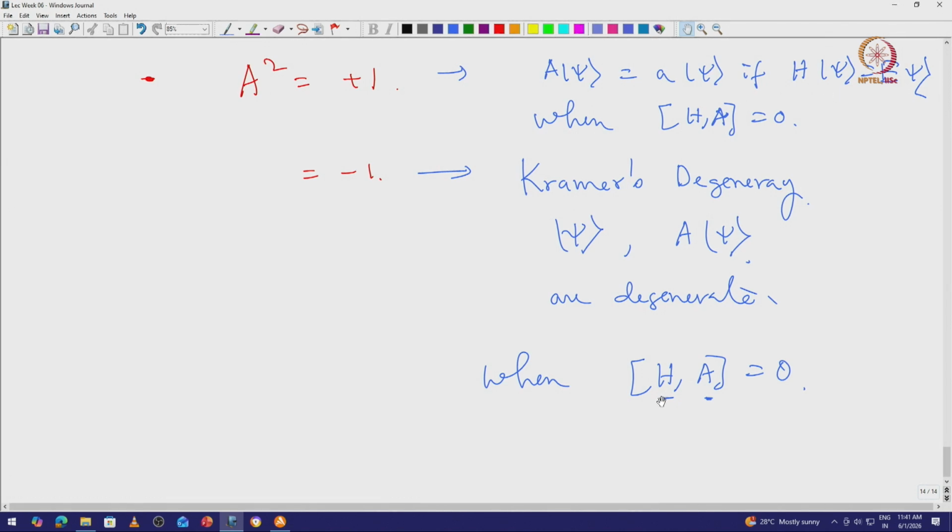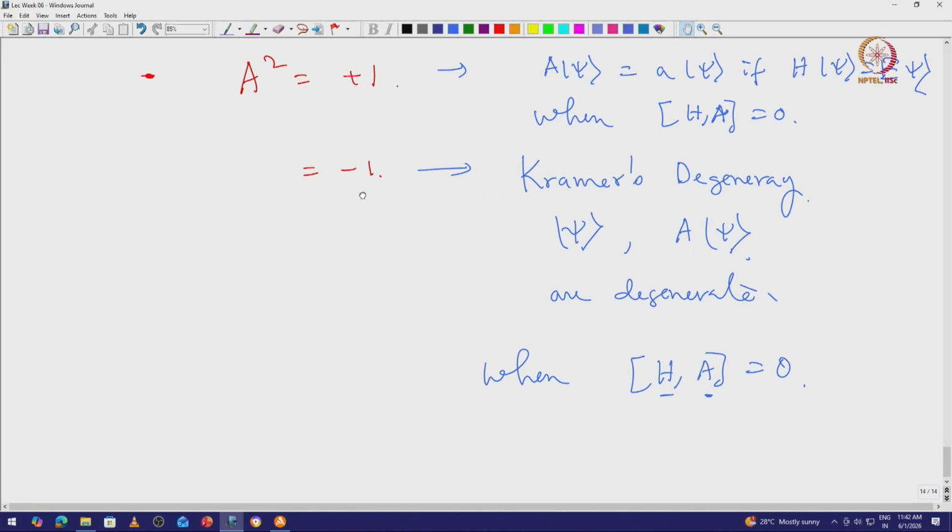But if A commutes with H, this is however not an eigenstate of A if A square equal to minus 1, rather they are orthogonal. Okay. So this is called Kramers degeneracy.